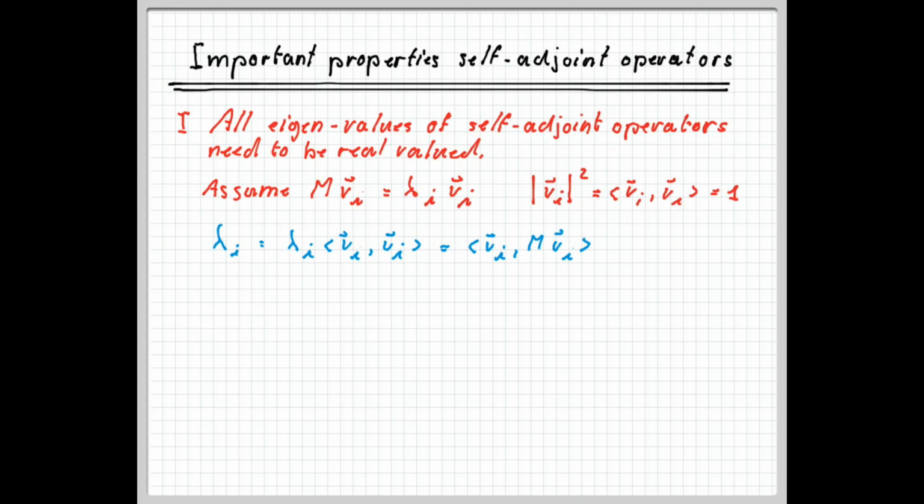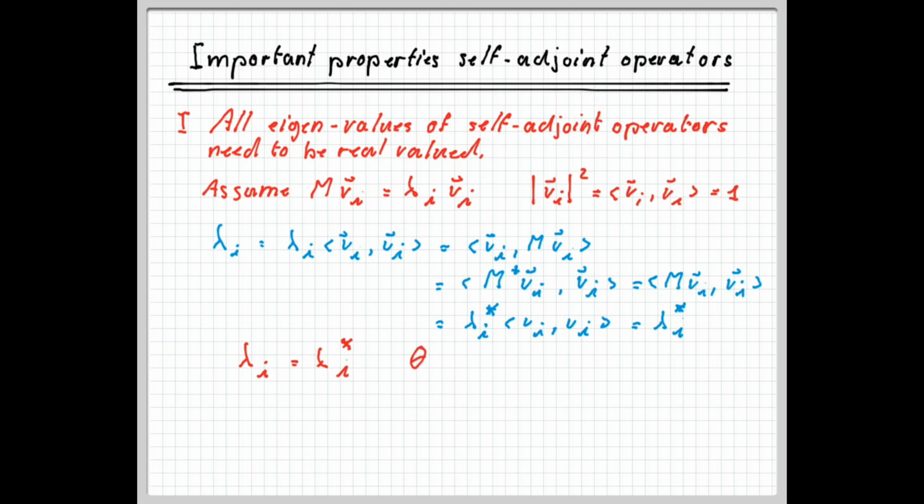Now we take the Hermitian conjugate of operator M, hence use the fact that M is self-adjoint, so that, in other words, for lambda of i being an eigenvalue of this self-adjoint operator, it needs to be equal to the complex conjugated value of lambda of i. In other words, it needs to be real.